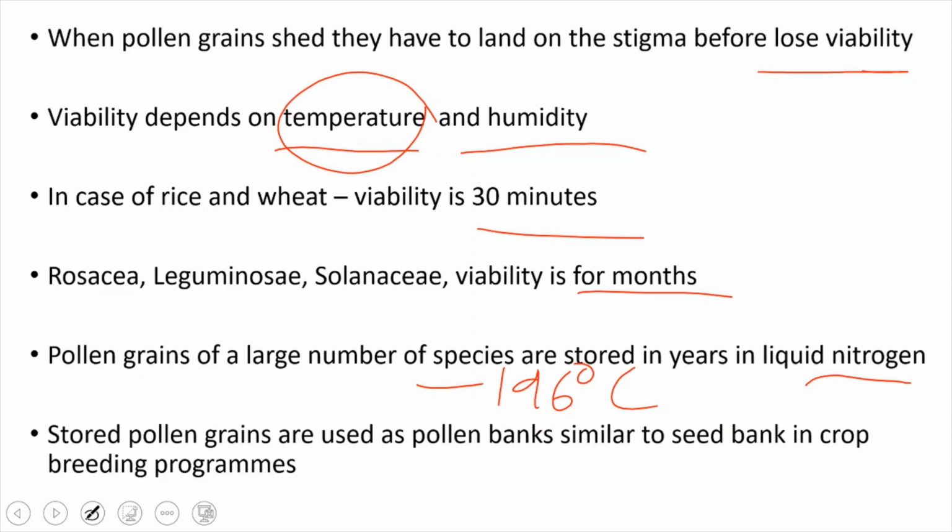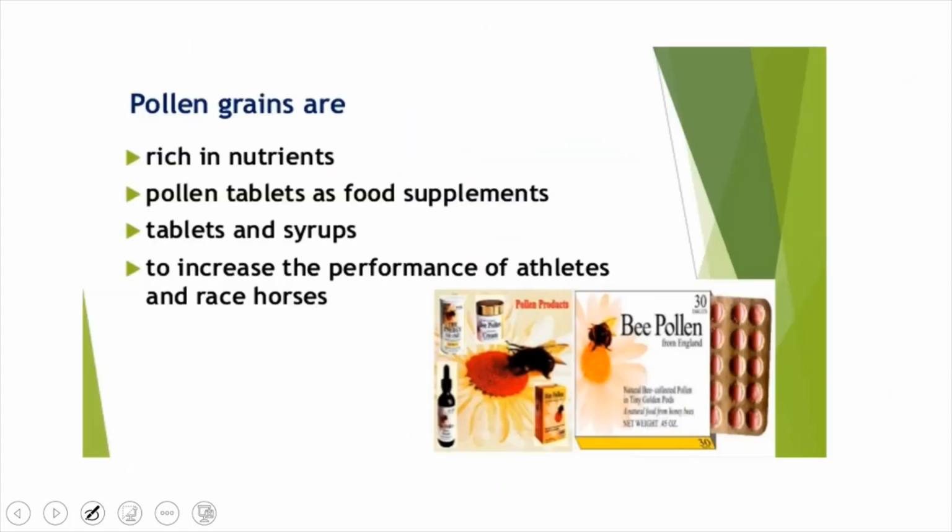Remember that they have to be stored in liquid nitrogen, whose temperature is minus 196 degrees Celsius, because we want to use the pollen grains in breeding programs. The viability of the pollen grains depends on temperature. That's why, in order to preserve viability, they are stored in liquid nitrogen at minus 196 degrees Celsius. These stored pollen grains are used for many crop breeding programs.